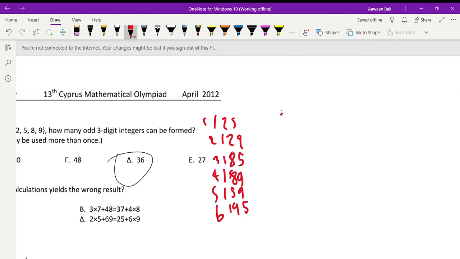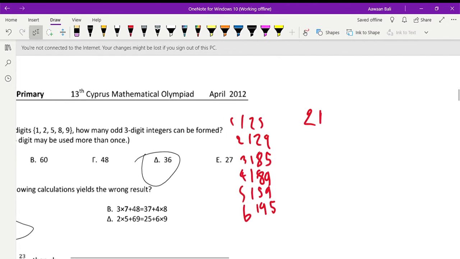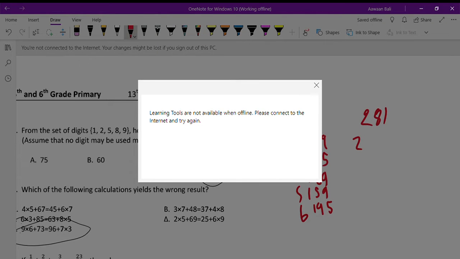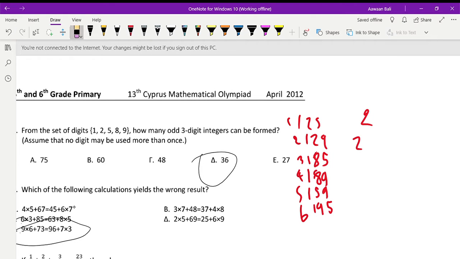Now if you do the next one, that's 2. That's going to be 2, 1, 5; 2, 1, 9.